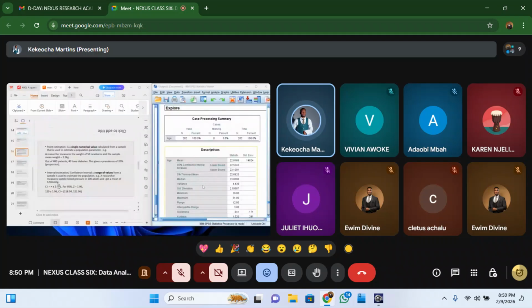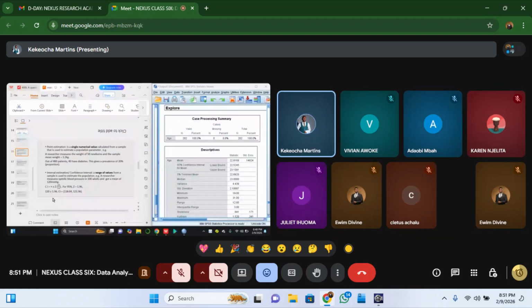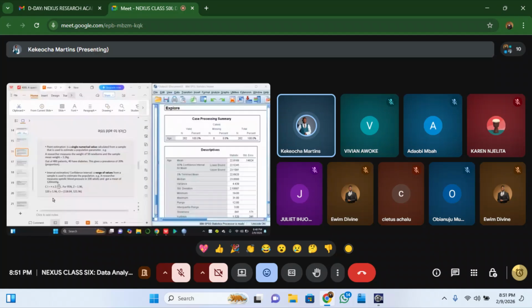Then n, our sample size here, is 202. So you put 202. If you do that in a calculator, it will give you these two values here. Coming over to this slide, you have 120 plus or minus whatever you get from this calculation. When you add it, you have 121.96, which is your upper limit. Then when you subtract it from 120, you have 118.04.